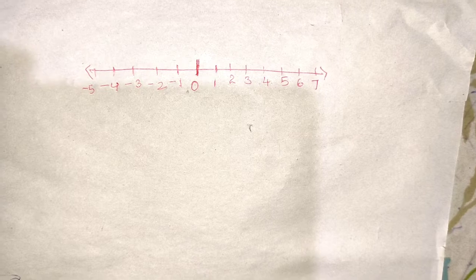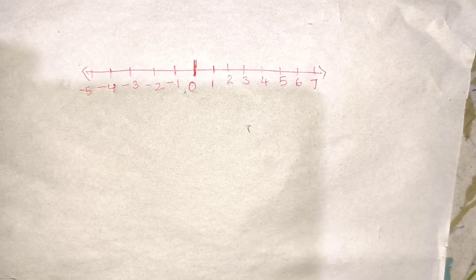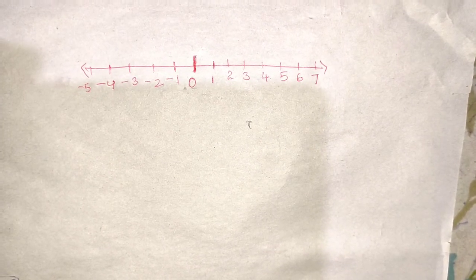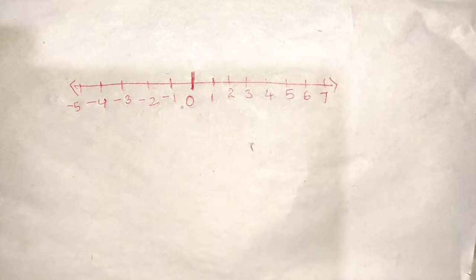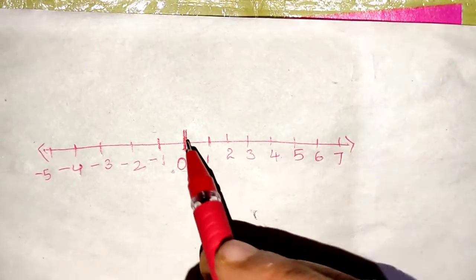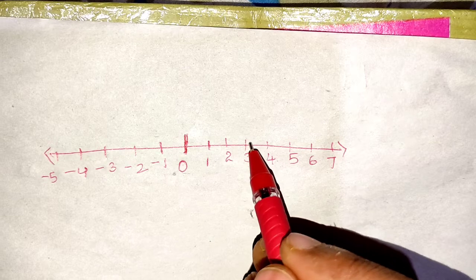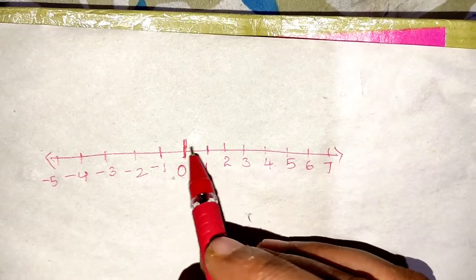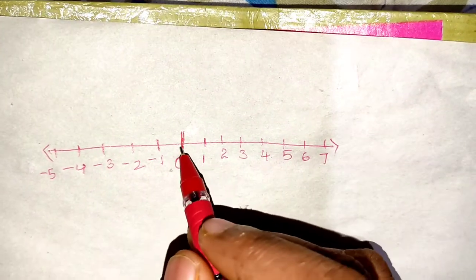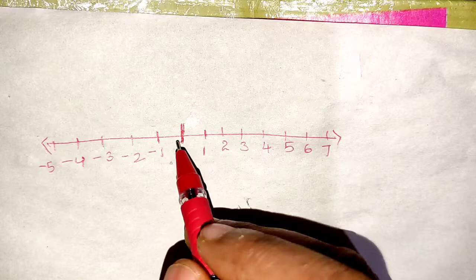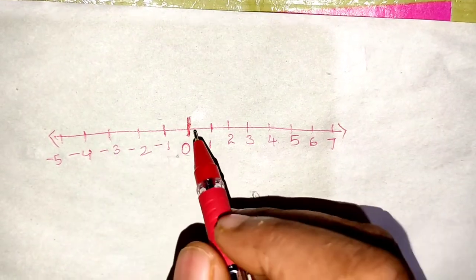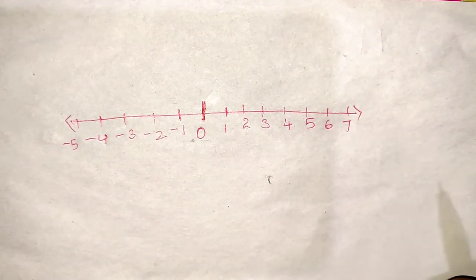Using this number line, we are going to do operations on positive and negative numbers. So here, 0 plus 1 is 1, 1 plus 1 is 2, 2 plus 1 is 3, like that. That means on the right side of 0, 1 is increased, and on the left side of 0, one number is decreasing.